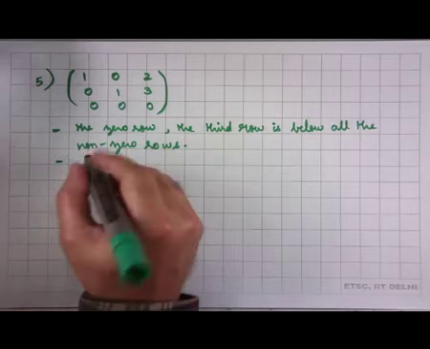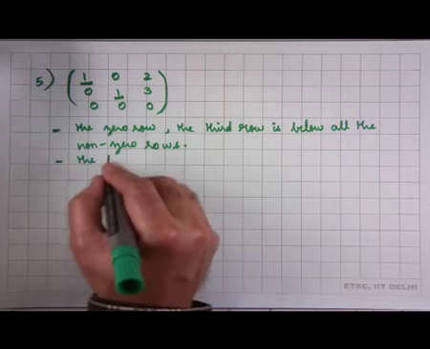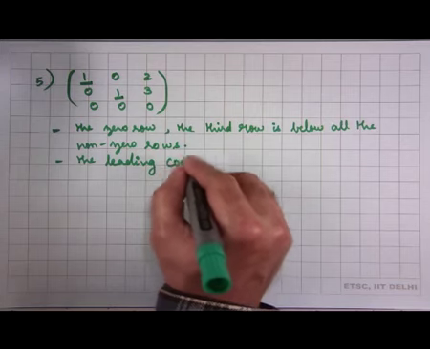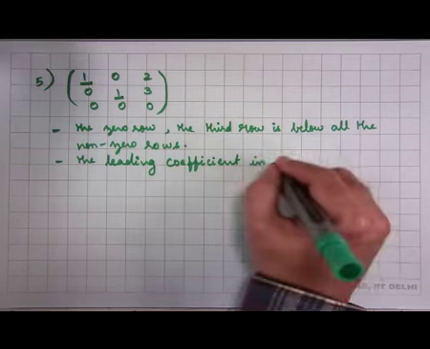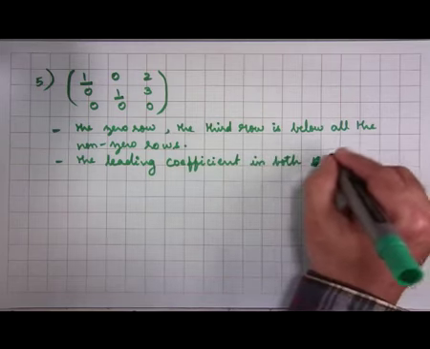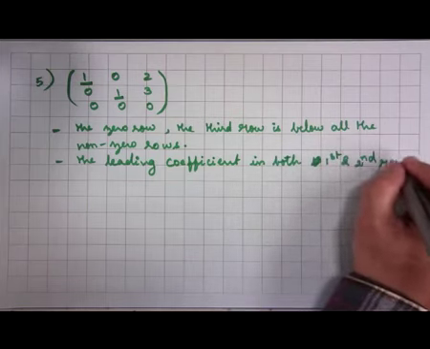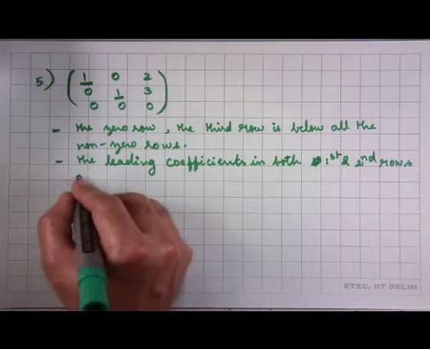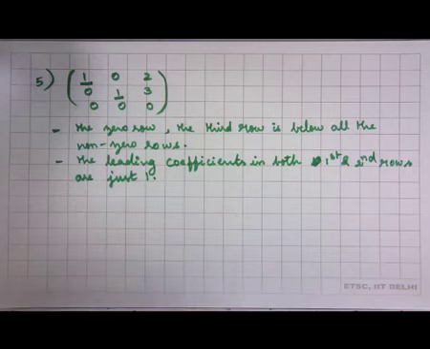Second, the leading coefficients, or the first non-zero coefficients, in both first and second rows are just 1, and therefore, you are done.